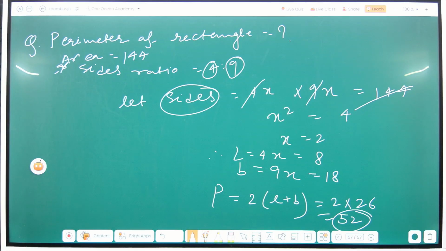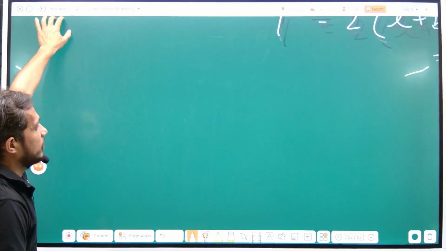So now here is another question. The adjacent sides of a parallelogram are 36 and 27 centimeter. Okay, let's come to the parallelogram.